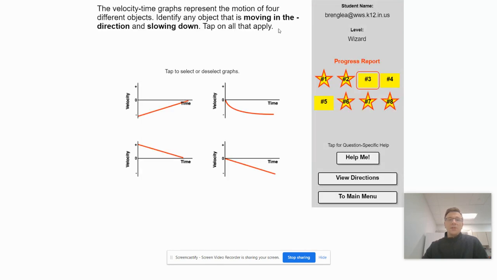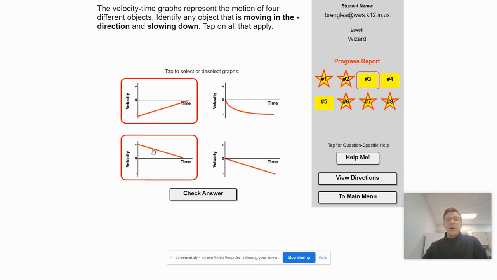Okay, this one says identify the objects that are moving in the negative direction and slowing down. So this top left one here starts at some non-zero number, and then it moves back along the y-axis to 0 meters per second. So this object is slowing down. This one down here is moving in the positive direction, so we'll eliminate that one.